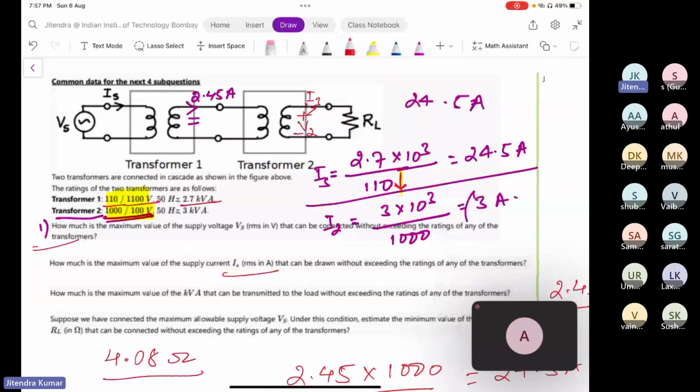In the two parts, we had 2.7 kVA and 3 kVA, and we applied the formula of current in the primary of the transformer, 2.7 kVA divided by 110. We had the option of doing it with 100 as well, but as we discussed, with 100 volt you would exceed the rating of the transformer. That's why we had to go with 110 volt. Because of 110 volt, we were able to obtain the value of 24.5 ampere, and that we multiplied at last.